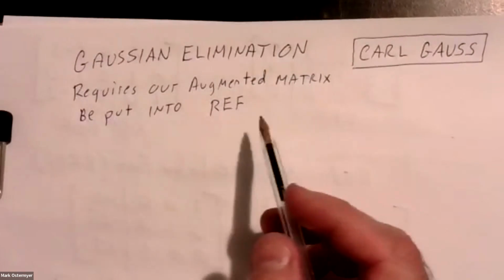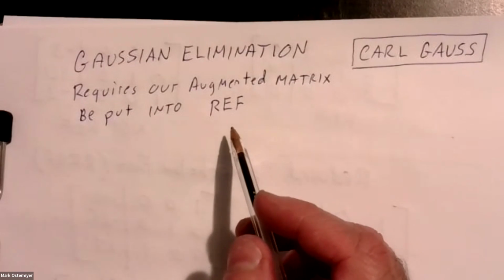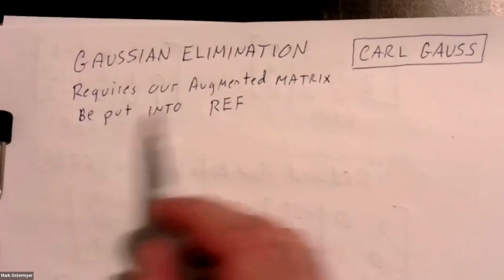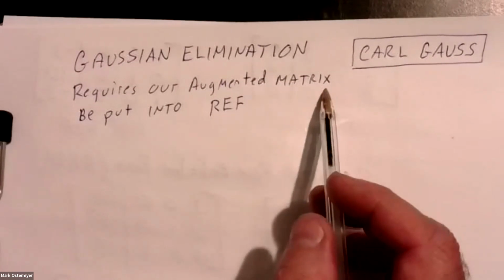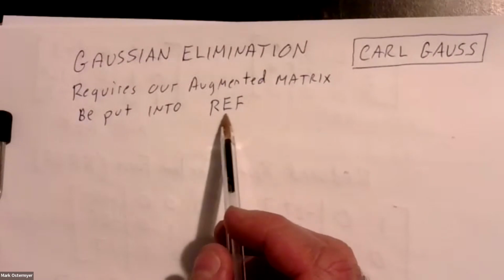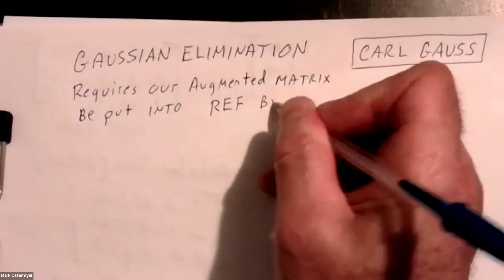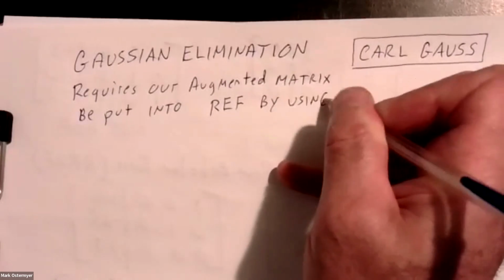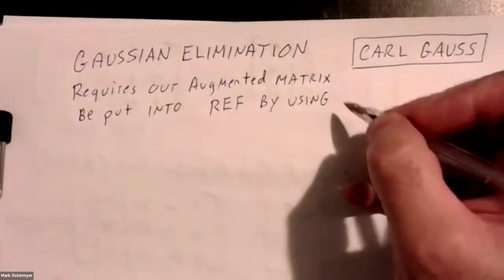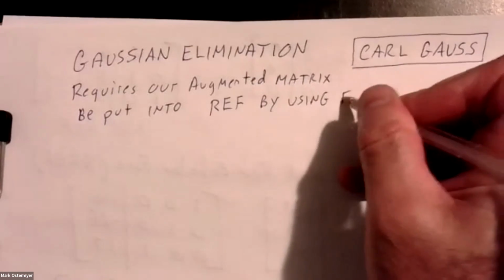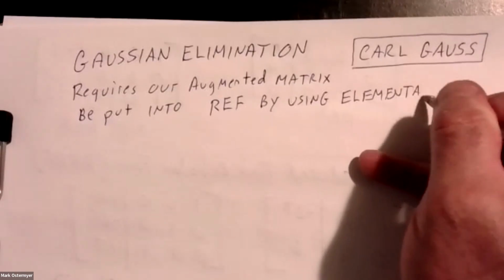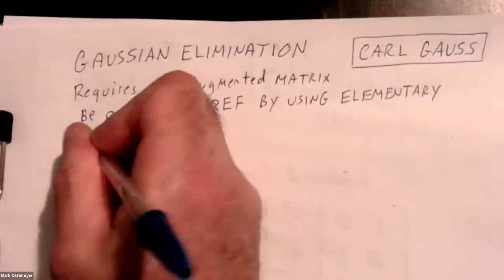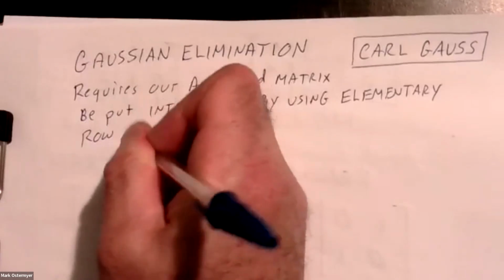So for Gaussian elimination to enable us to solve a system of linear equations, our augmented matrix has to be put into what's called row echelon form. And how do we do that? How do we get it into row echelon form? We use elementary row operations. By using elementary row operations, that's how we achieve that.